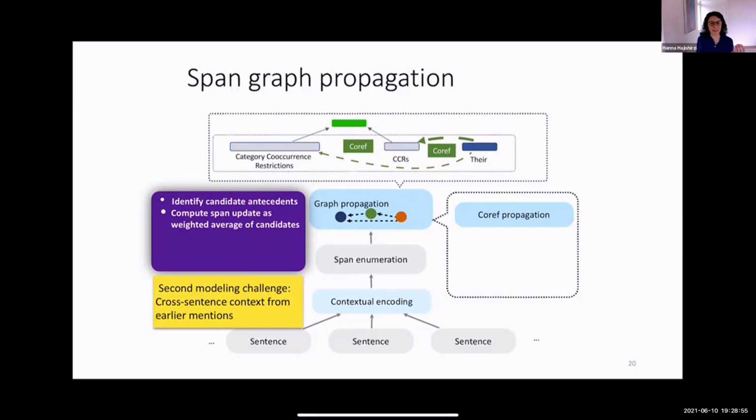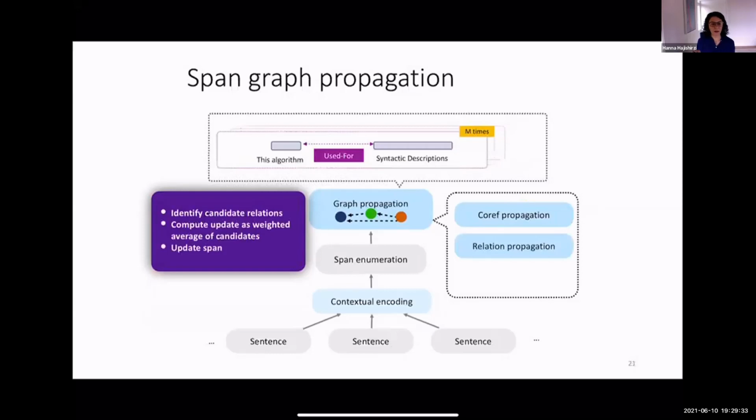Very simply, we update its embedding by a linear weighted average of the previous phrases. It's very similar to neural graph encoding approaches. And now the encoding of the phrase "there" is getting updated from its antecedents like CCR and category co-occurrence restriction. And we are doing it n times, so we are doing multiple rounds of this message passing, so the phrase representation is getting updated.